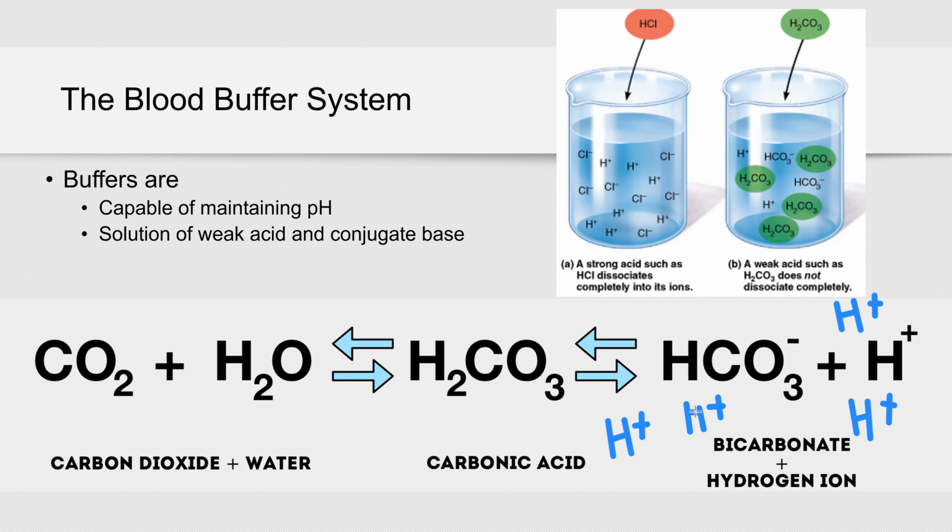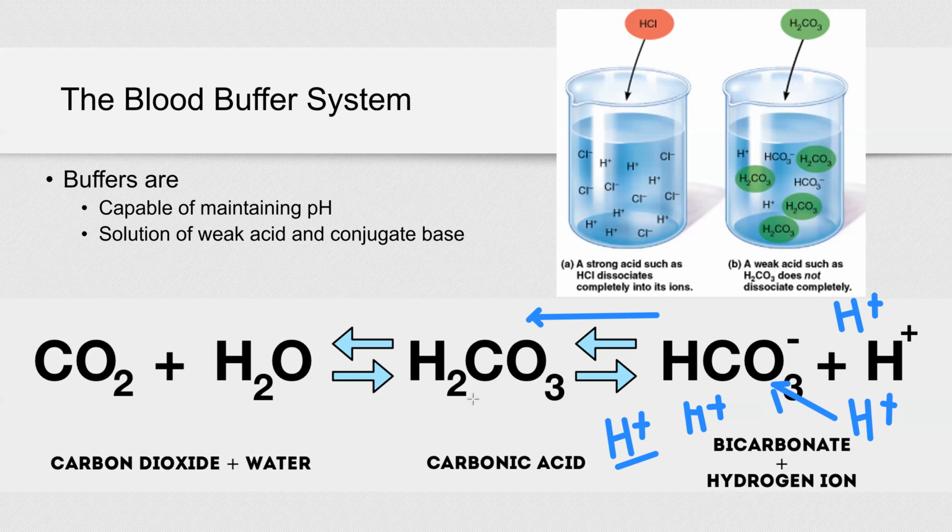Now what's going to happen with them? They will be attached to bicarbonate. Right, so they attach to bicarbonate. So this reaction will shift towards carbonic acid. So you will remove this extra hydrogen by attaching these hydrogen ions to bicarbonate, forming more carbonic acid.